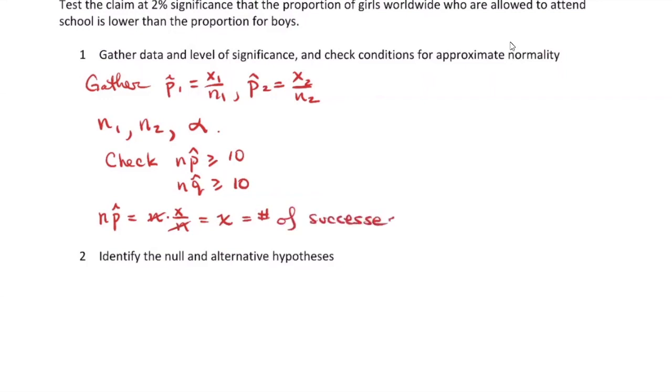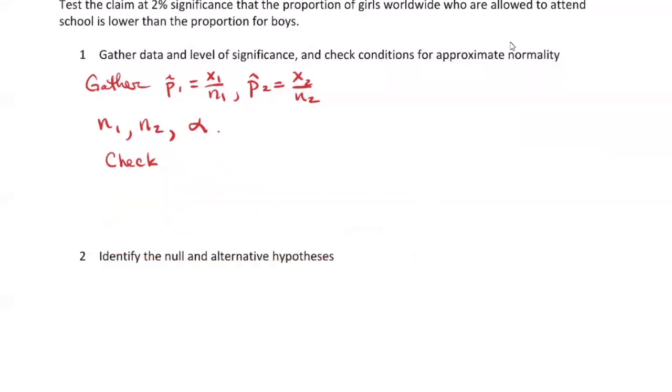So you can do N times P hat, but they usually just tell you how many successes there are. There needs to be at least 10. And then N times Q hat is the number of failures. So let's just erase all of this because it's more complicated than it needs to be.